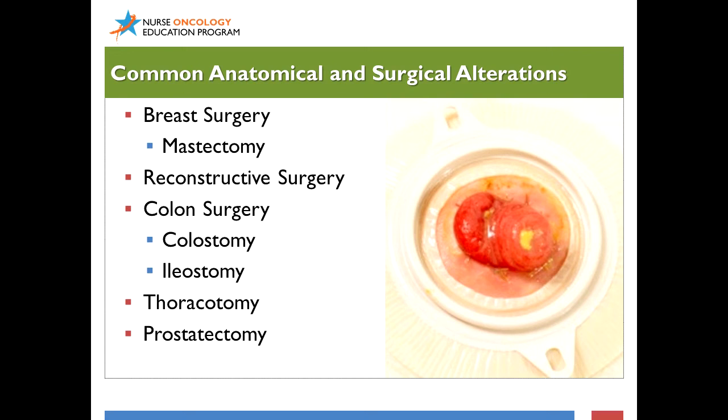As far as colon surgery, we should be aware of colostomies and ileostomies, and this is a picture of a fresh colostomy post-surgery. Patients with lung cancer may have thoracotomies. Patients with prostate cancer may have prostatectomies. It's important for us to understand that these are common anatomical and surgical alterations that the oncology nurse may have to take care of, along with the side effects related to these surgeries.